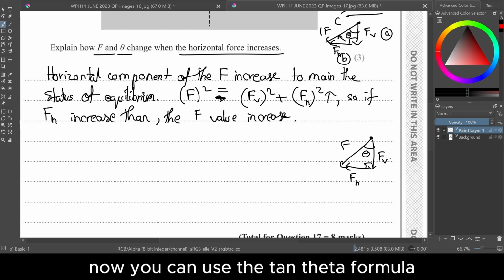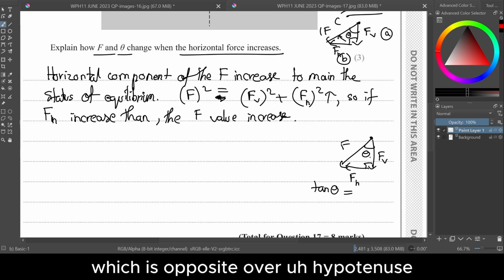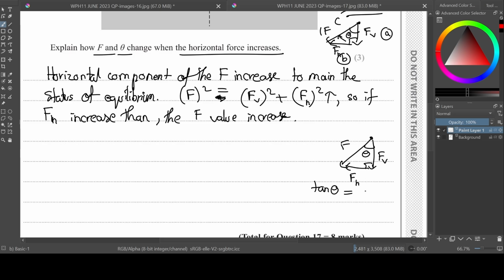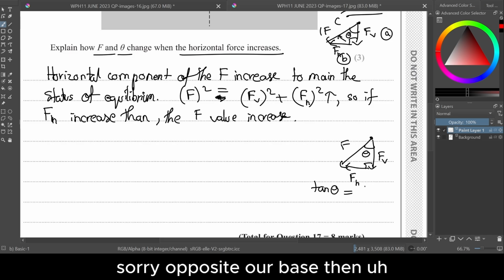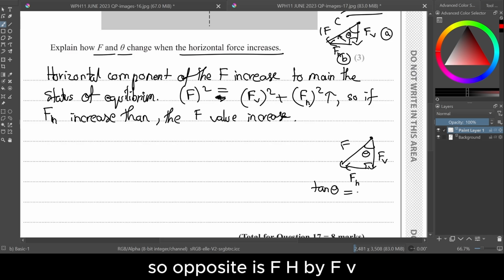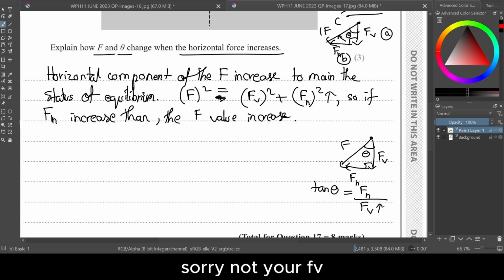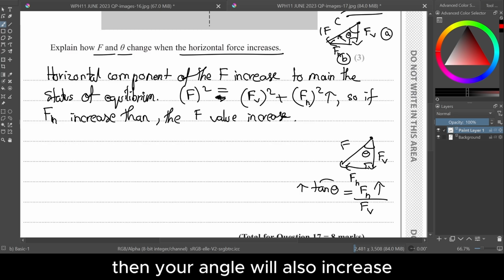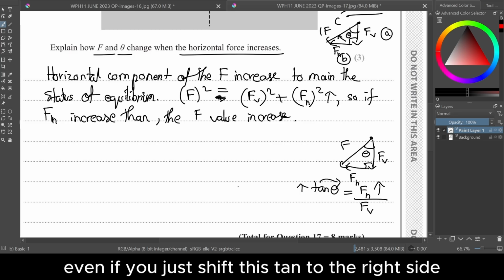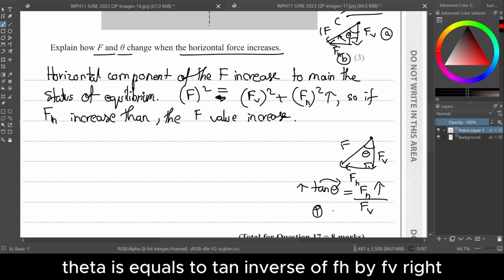Now you can use the tan theta formula, which is opposite over base. So tan theta is opposite over base, so opposite is FH by FV. So if your FH is increasing, then your angle will also increase, even if you just shift the tan to the right side, which will make theta equal to tan inverse of FH by FV.